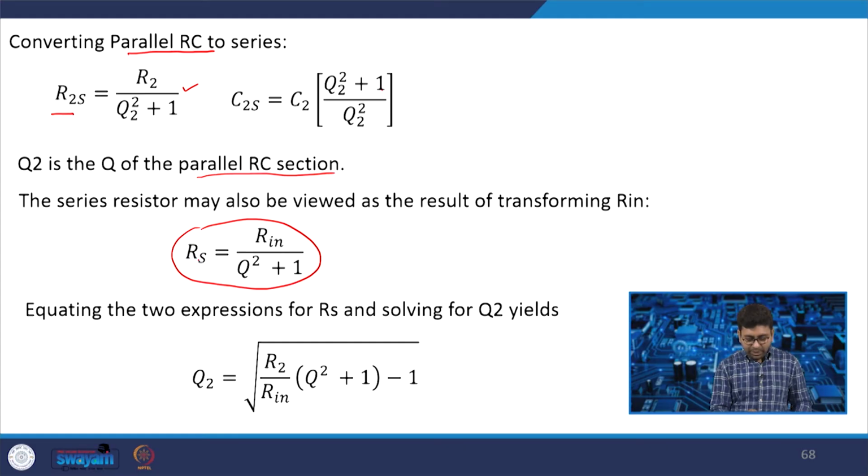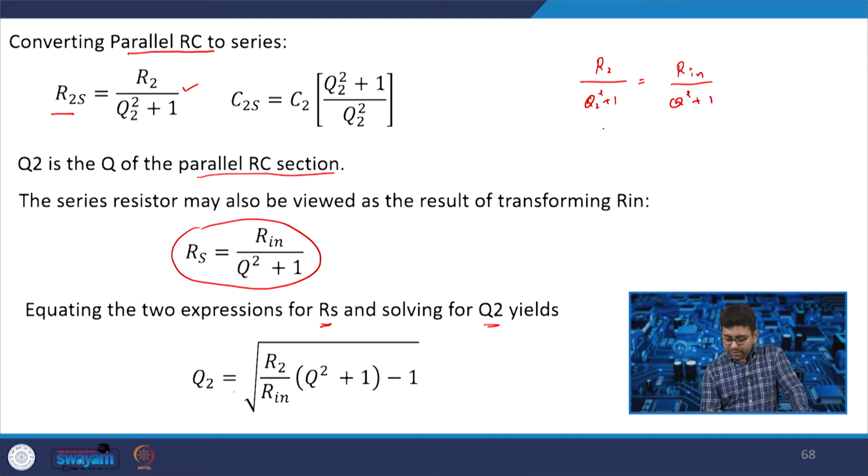Now, if we equate this RS to the other expression for RS and solve for Q2, which is the unknown, we get R2 by Q2 squared plus 1 equal to R in by Q squared plus 1.